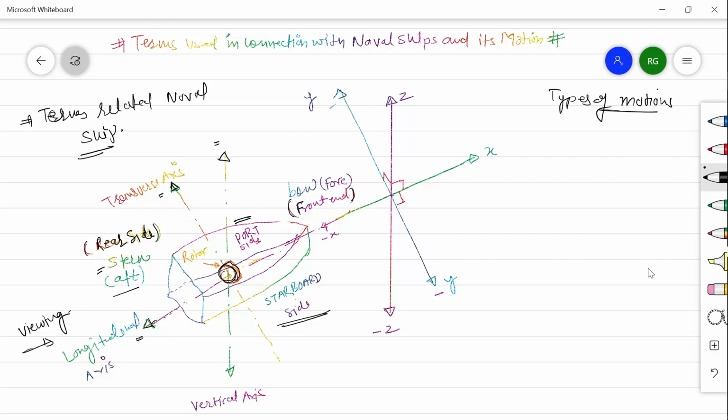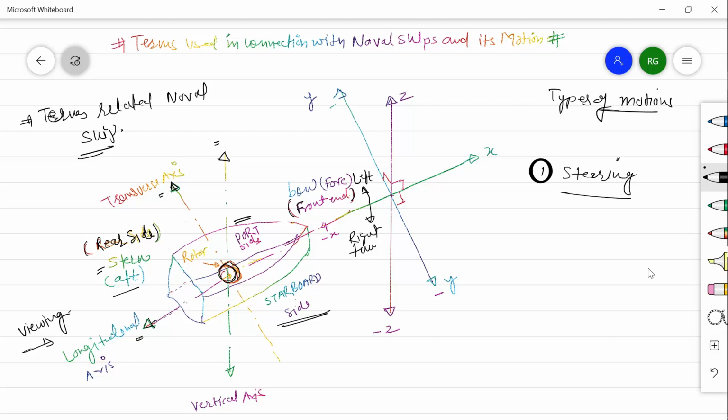If we are viewing from the rear side and the ship is taking a right turn or left turn, this motion is called steering.